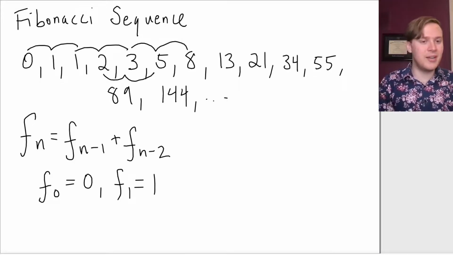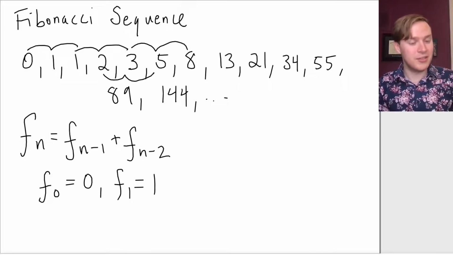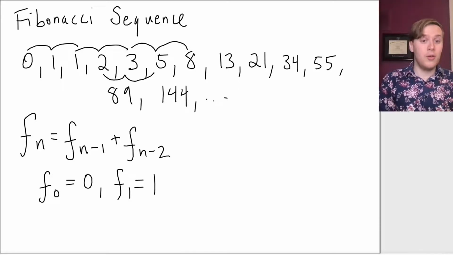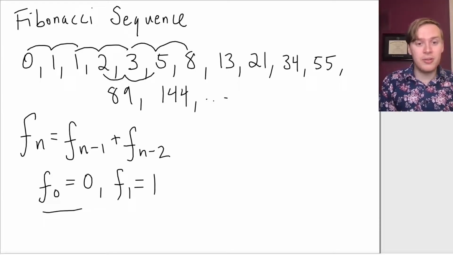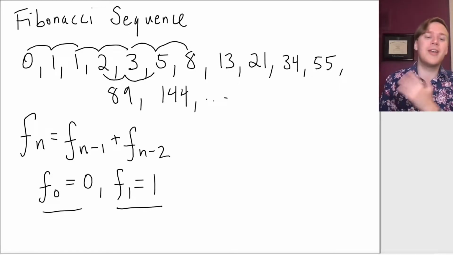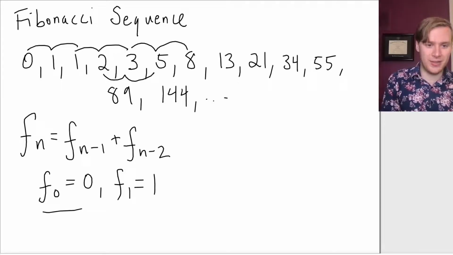And that doesn't even make sense, right? To try to find f sub 0 equals f sub negative 1, or the negative first term, plus f sub negative 2, or the negative second term. That doesn't even make sense, right? So we need to have these two terms here to start out with so that this formula does make sense.